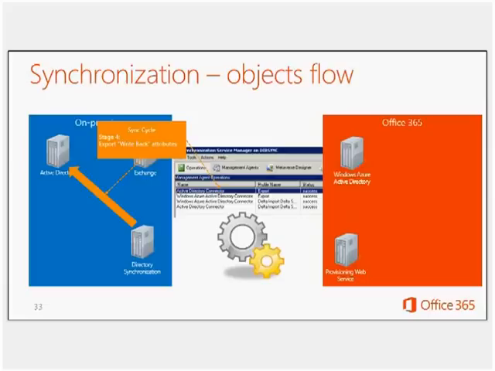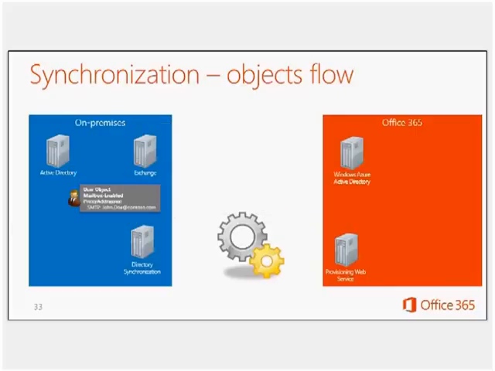There are write-back attributes in certain scenarios, and the directory synchronization appliance will write back to the AD in those scenarios. So from a user perspective, this person is mailbox enabled, has a proxy address of john.doe, and that person gets synchronized over.